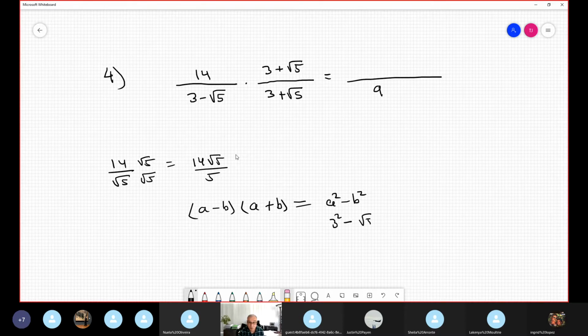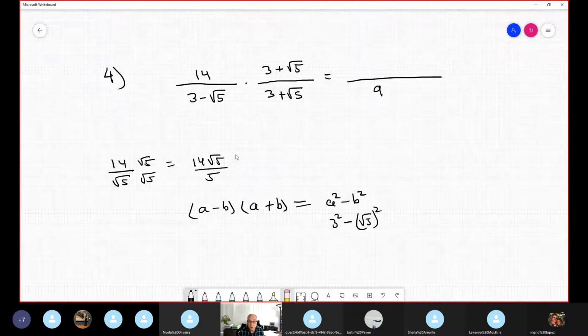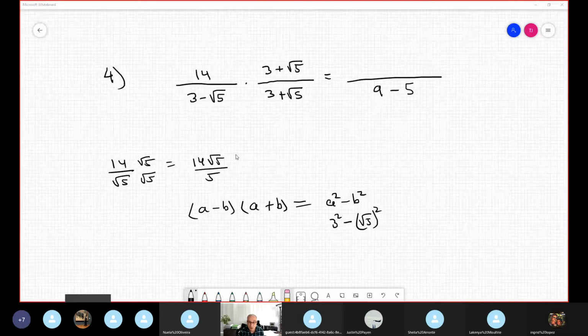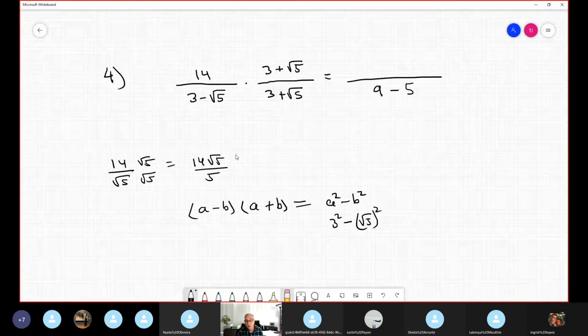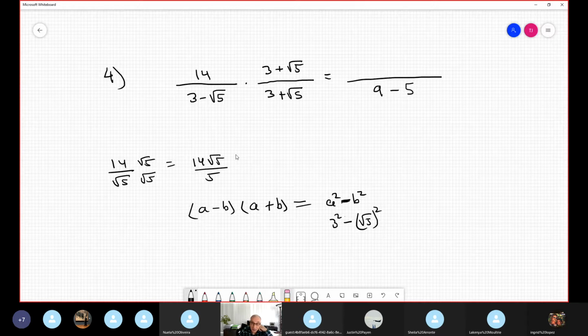Radical 5 squared is 5, and always minus in between. Look at that, minus. And 9 minus 5 is 4. This is magic. How do we eliminate this radical? Multiplication by the conjugate of the expression in the denominator.